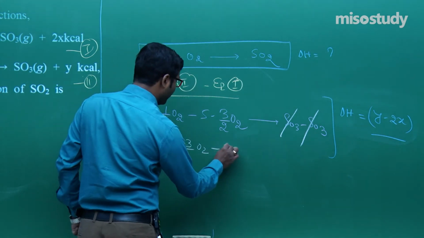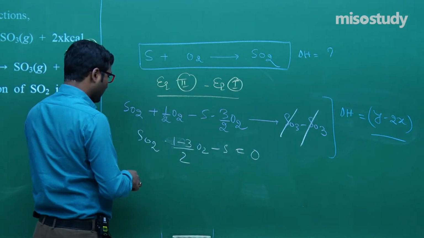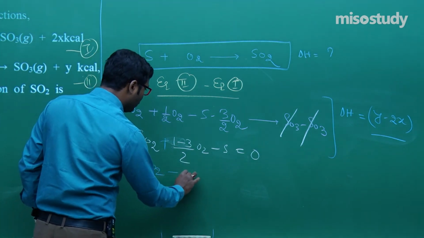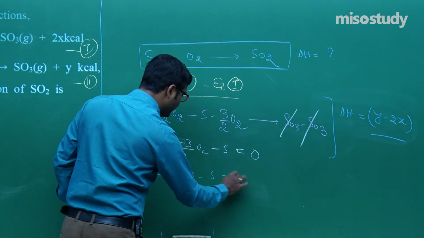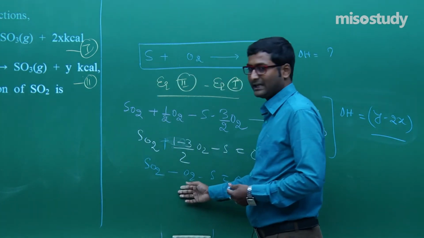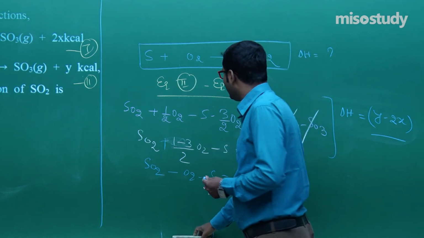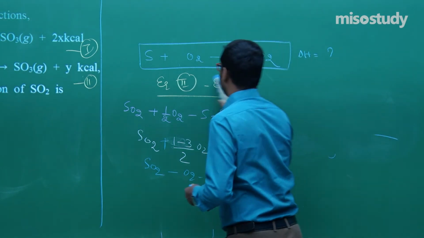Put minus S equal to 0. Now put plus sign: SO2 minus O2 minus S is equal to 0. Here comes a minus sign, so I think this expression is not correct. If I take it this way, it will be better for you.